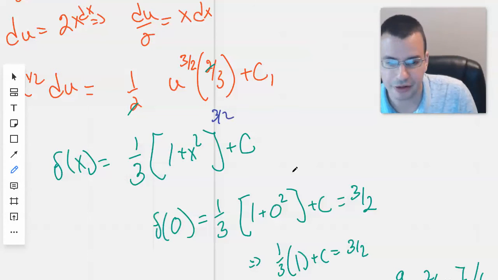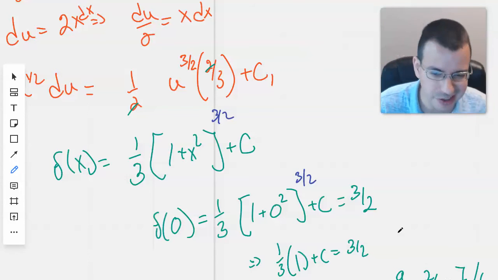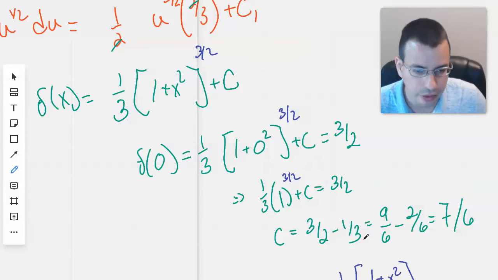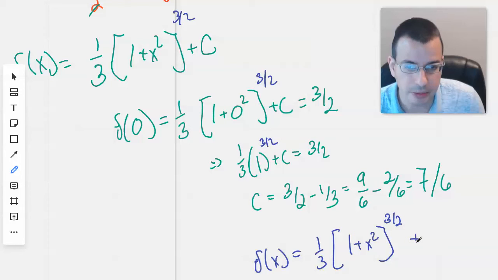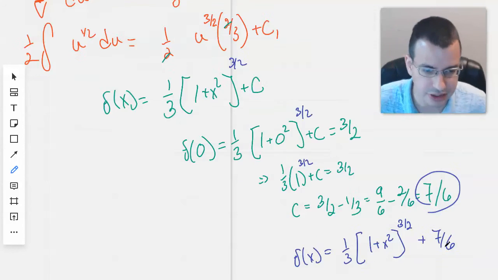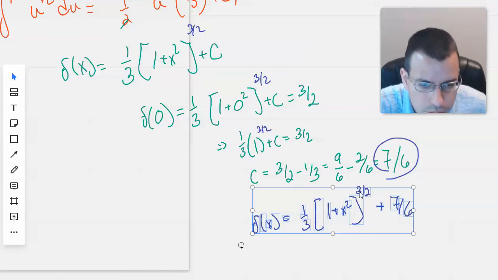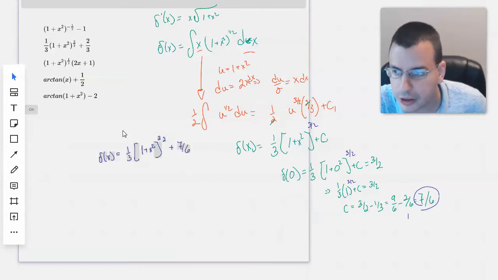Even though I forgot the 3 halves, it's 1 to the power 3 halves, so it doesn't actually change anything. To the 3 halves plus c, which is 7/6. Move this over here.